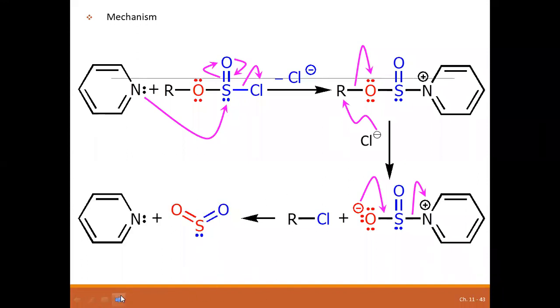it can be relieved, forming a double bond here. It can do electron delocalization with this, but it's also possible this one can be recovered. The pyridine becomes like a catalyst, it can actually recover, and you'll have your S double bond O. Instead of this one doing the electron delocalization, it's the pyridine that will leave.